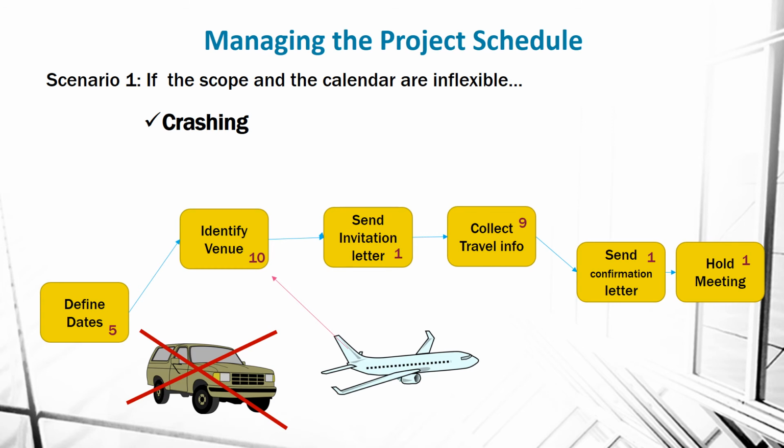That will reduce the activity duration of identifying the venue from 10 days down to 5. I obviously am spending more money, therefore I'm adding more resources. Crashing also refers to adding resources such as time, like working extra hours, and also money to hire expertise or more people to help me complete my tasks. In this case, I'm able to reduce the overall critical path to 22 days.